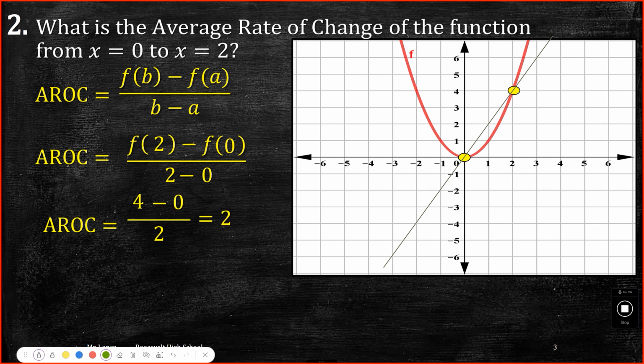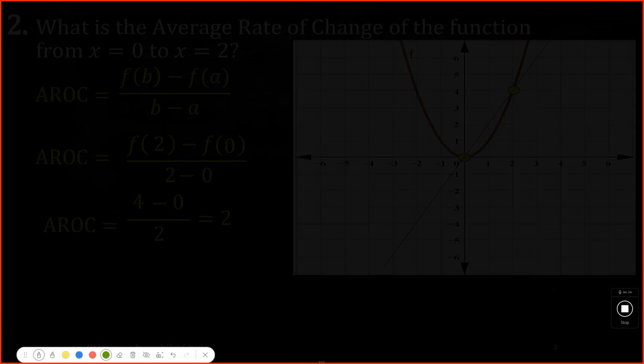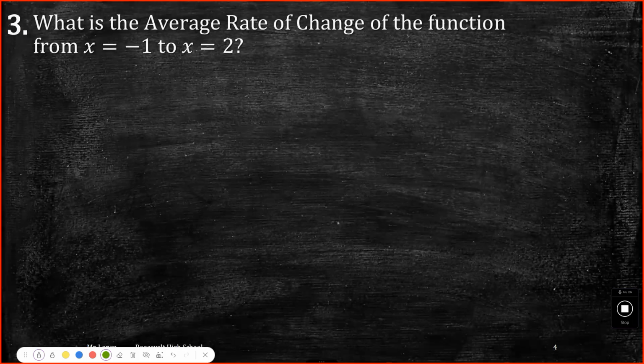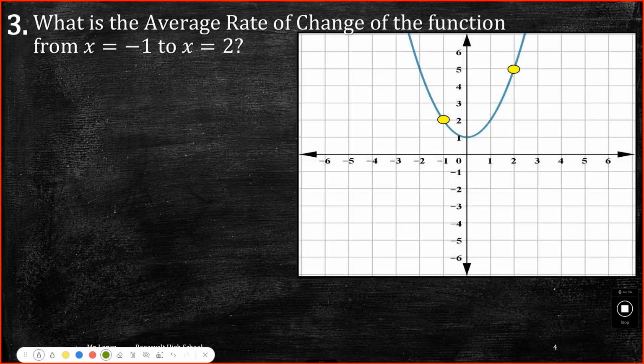This average rate of change is this formula right here. All right, so use the formula right now. Go ahead and use the formula to find the average rate of change of this curve from x equals -1 to x equals 2.